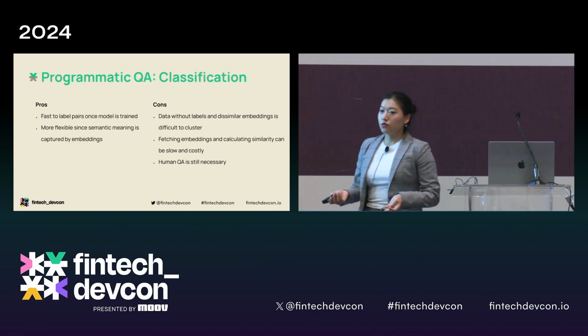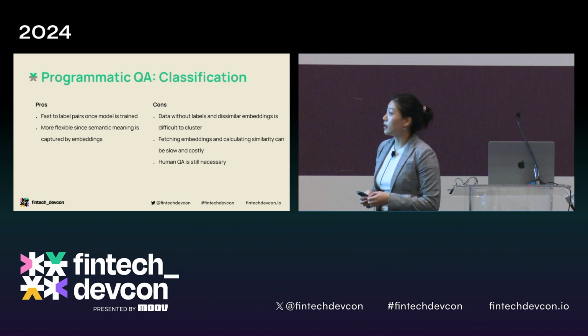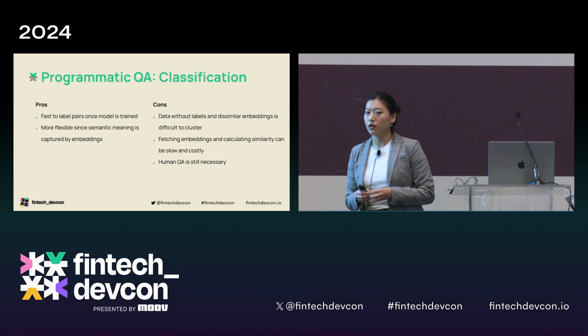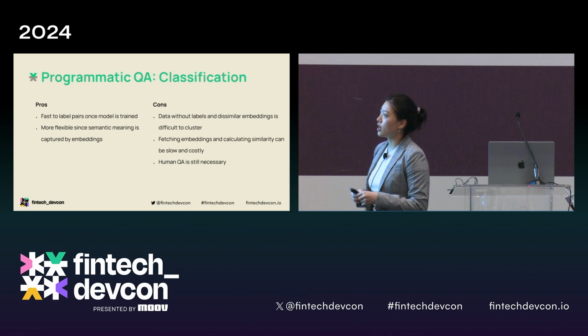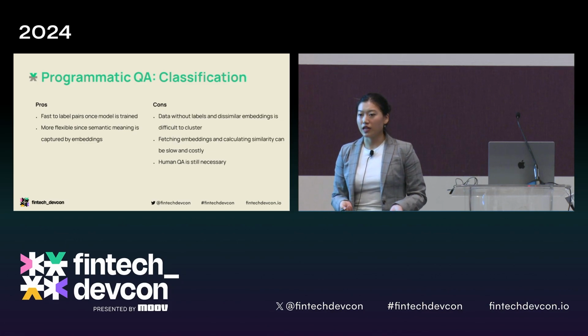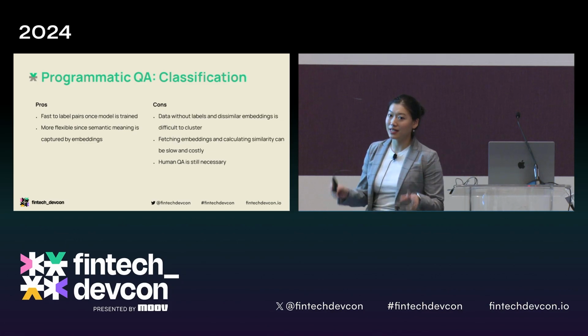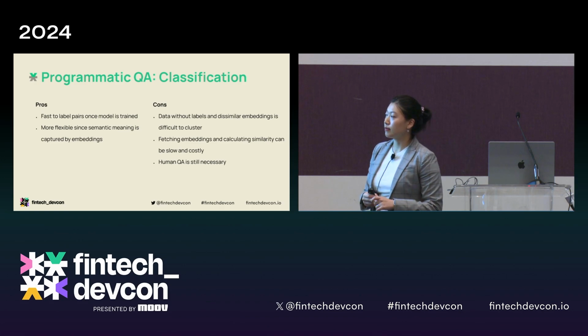Now let's review the pros and cons for the classification model. One of the pros is it is fast to label pairs once the model is trained. And also, we gain more flexibility compared to rule-based models since the semantic meaning is captured by embeddings.